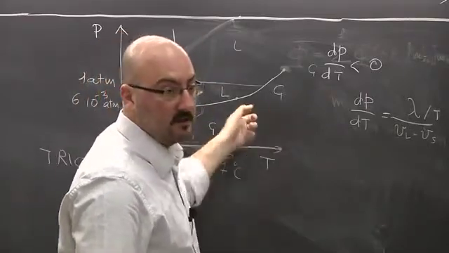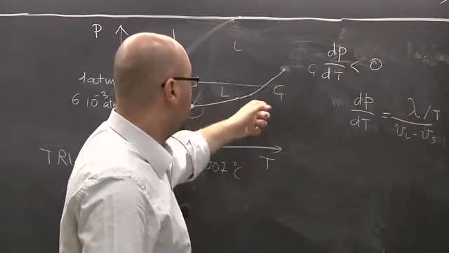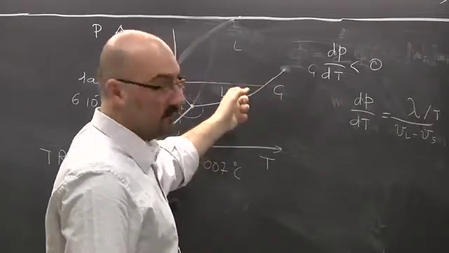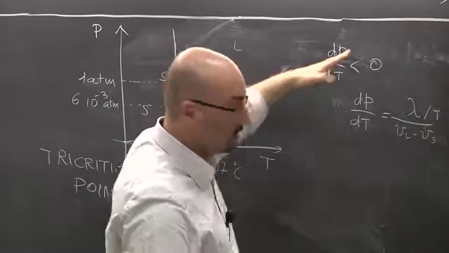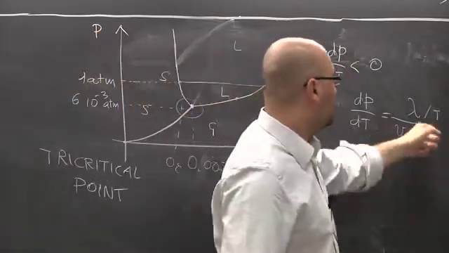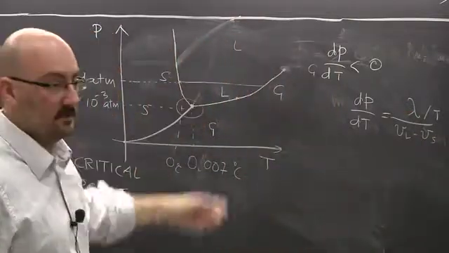The gas is much less dense than liquid here, around here. So the slope you see goes like this, very very small. Because the larger this difference, the smaller dp by dt. And the same between solid and gas.